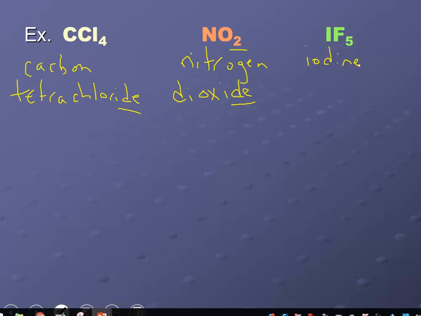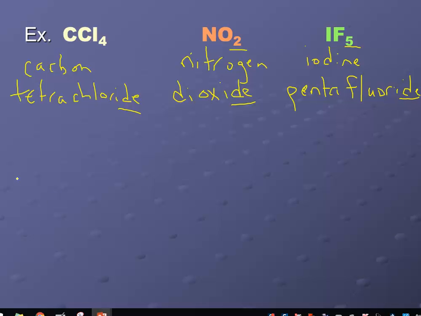And then we have fluorine. We have 5 of them. The prefix for 5 is penta, like pentagon. And then what is that element? It's fluorine, but we're going to add that IDE ending, so it's going to become fluoride. This should be an E here.